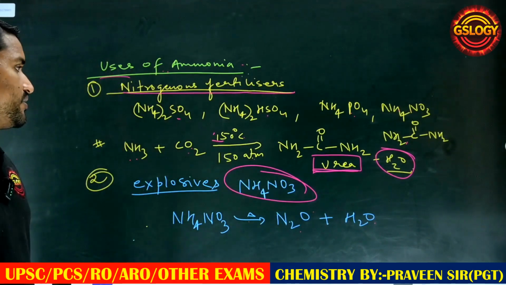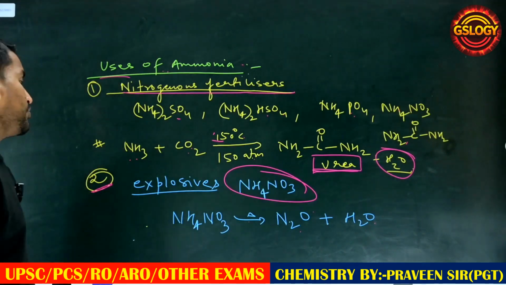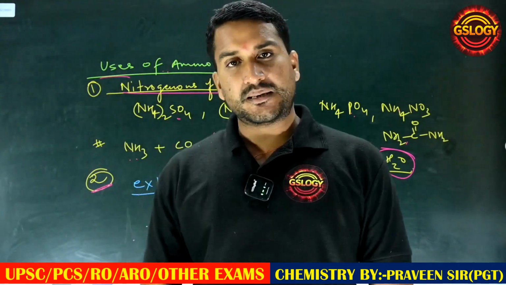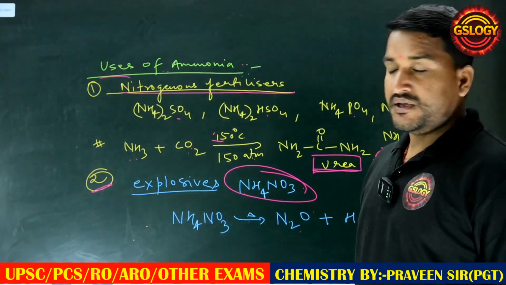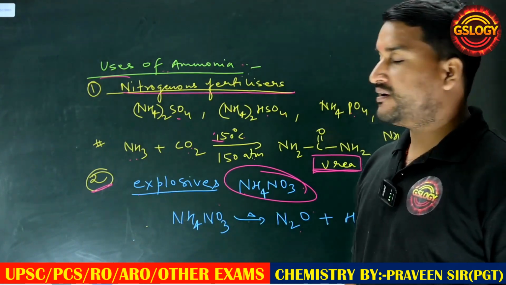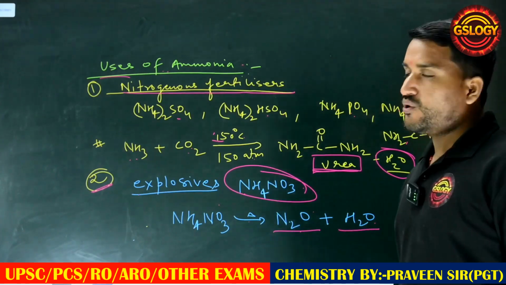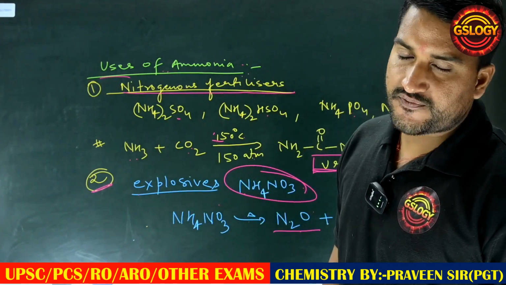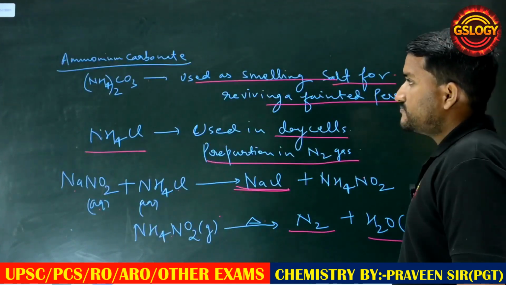And ammonia is also used in the formation of explosive substances. Ammonium nitrate is an explosive substance, and on heating it dissociates into N2O and water.